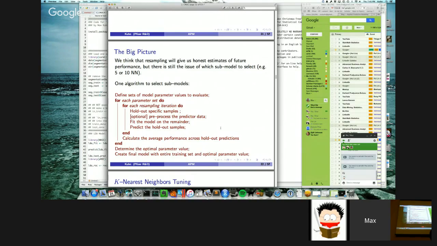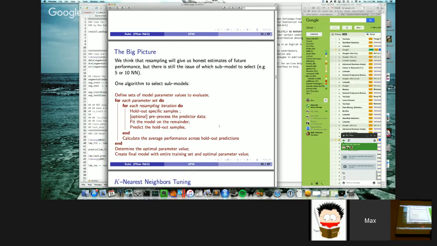We would refit the model on the entire training set with that one parameter estimate that came out of cross-validation. So our final model might be a 17 neighbor model that used all the training set to build the model the final time. And that's the one you would perhaps go to your test set with.